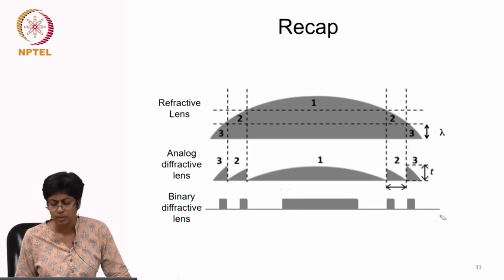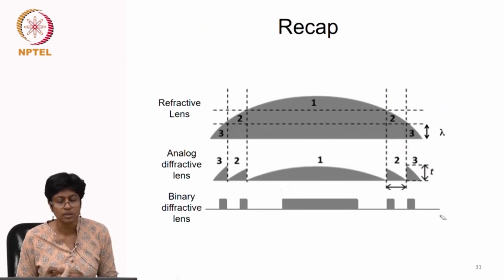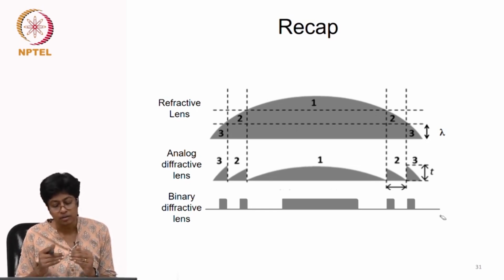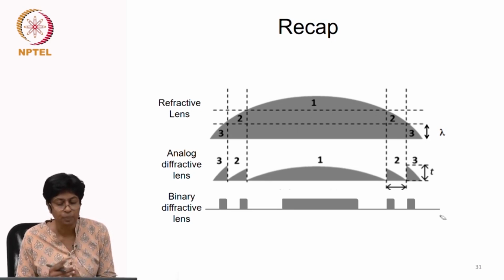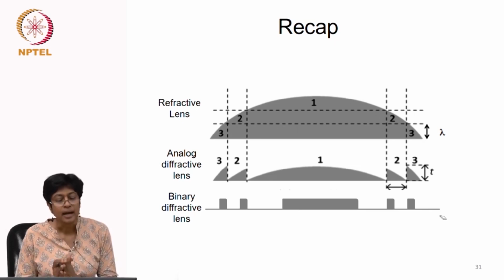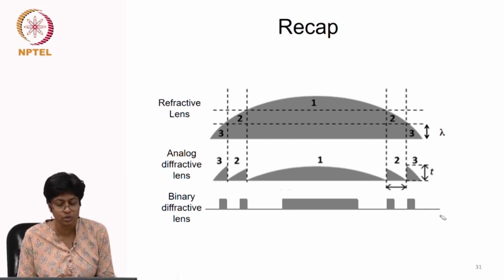Okay, so coming to the end almost, and let's just do a quick recap. We started out by saying, since a change of phase of 2 pi doesn't really optically make a difference, can we convert a refractive element to a diffractive element by removing all the unnecessary 2 pi's?